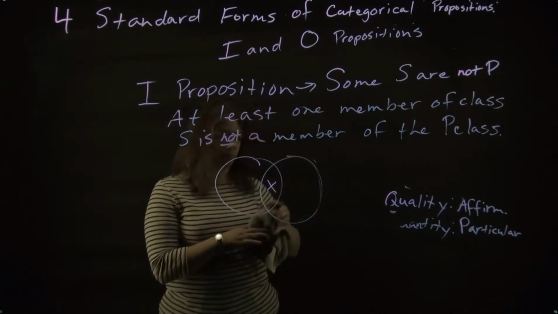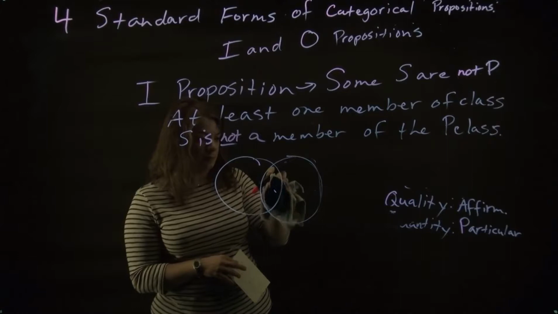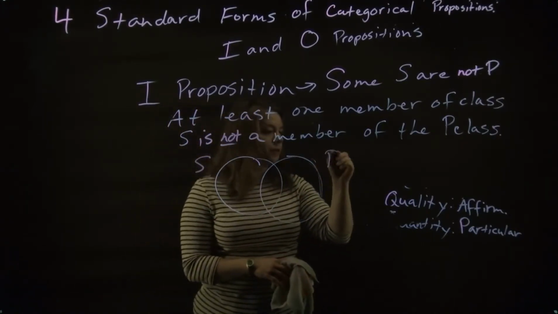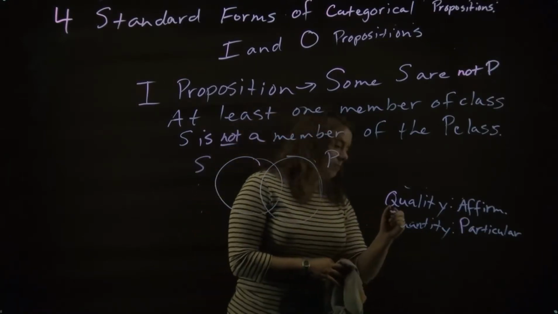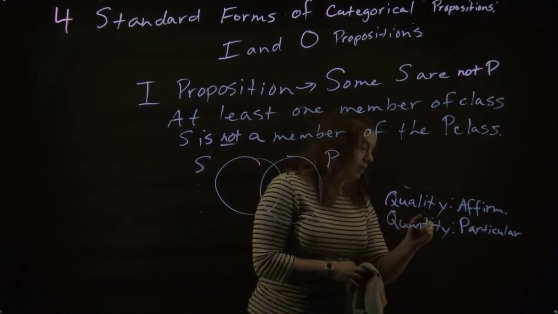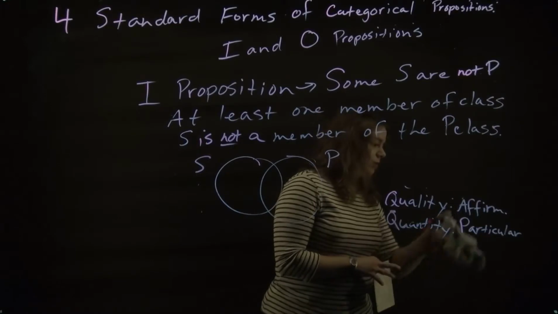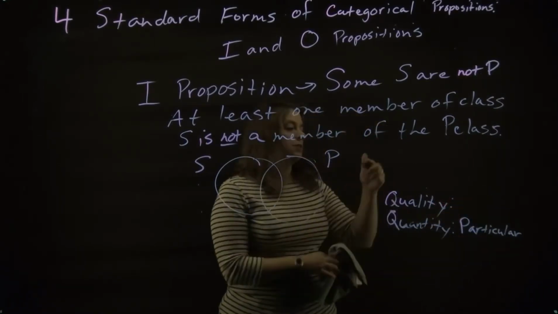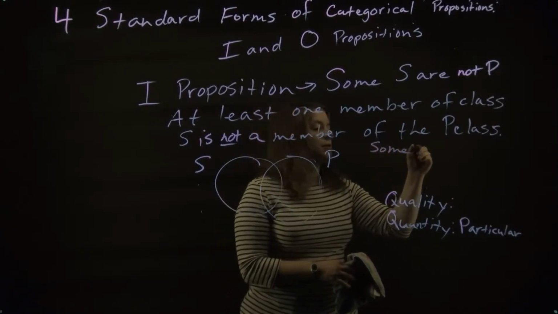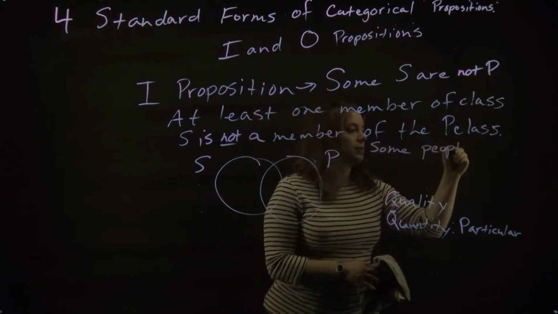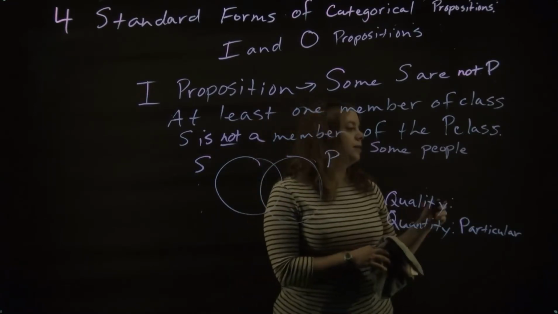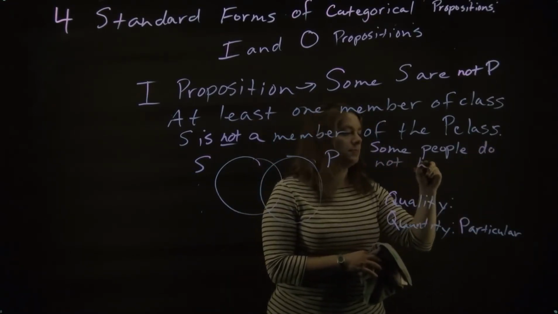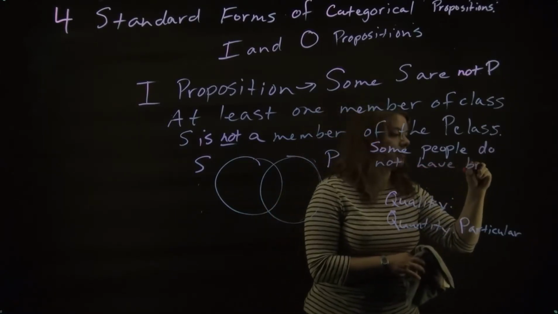So again with our Venn diagram here, let's take an example like, for instance, some people do not have brown hair.